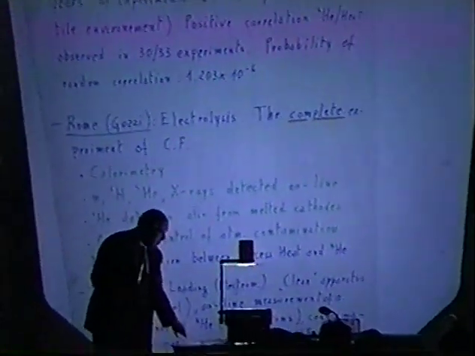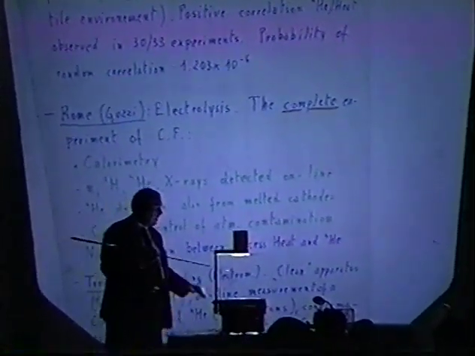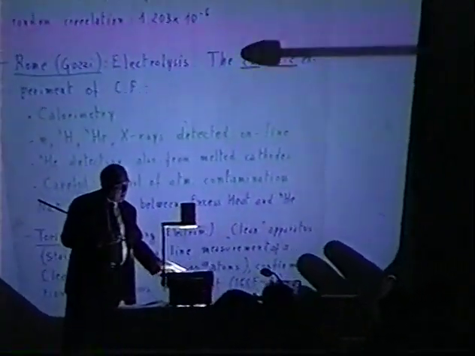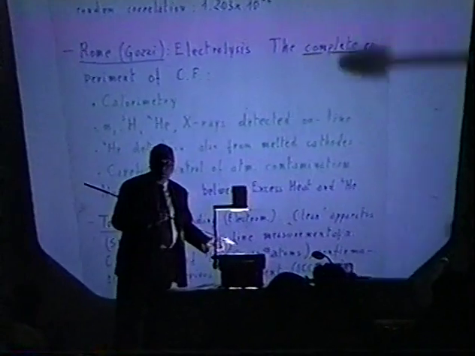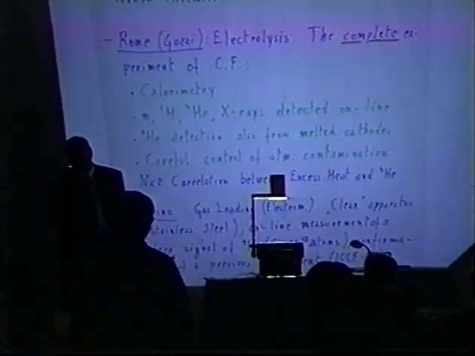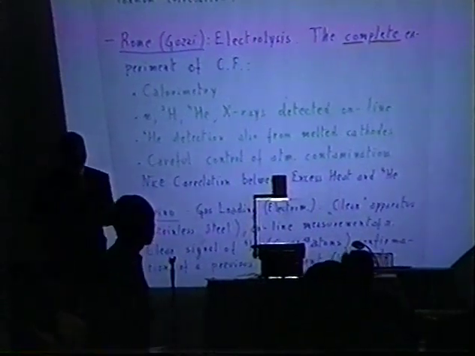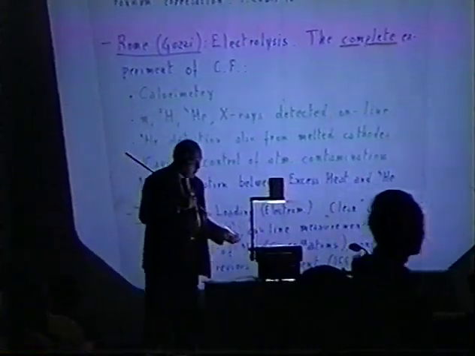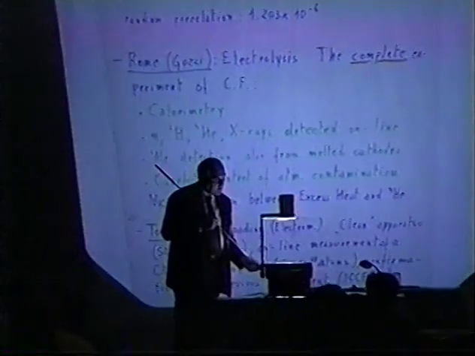Now, let me pass to the second experiment, which is the Rome experiment of Gozzi, again done by electrolysis. And I must say that of all the experiments I've seen, it is, in my impression, certainly the most complete and best performing experiment. Gozzi and company have everything.